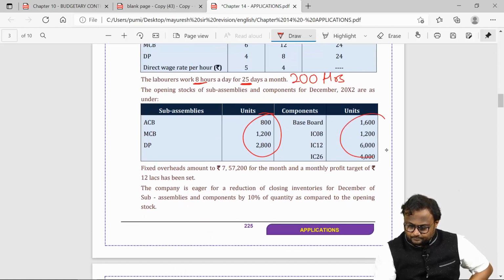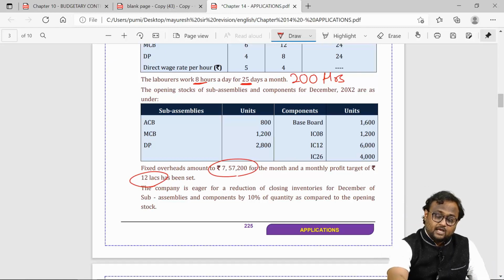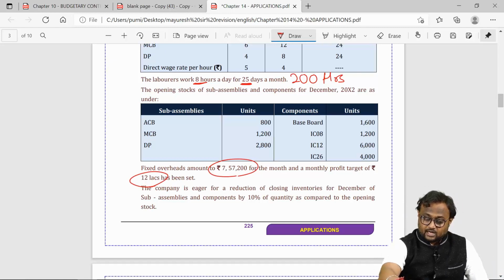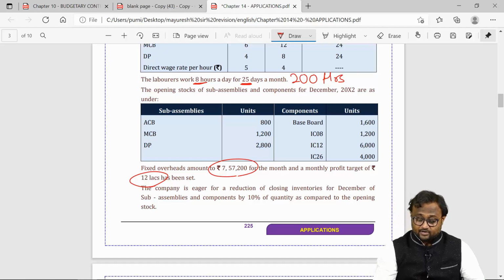Then you have information about opening stocks, and the question had clearly said your closing stock is 10% less than the opening one. Your fixed cost was expected to be 7,57,200 and the company wanted a profit of 12 lakhs. Now please understand one thing: profit cannot be earned unless the fixed cost is recovered completely.